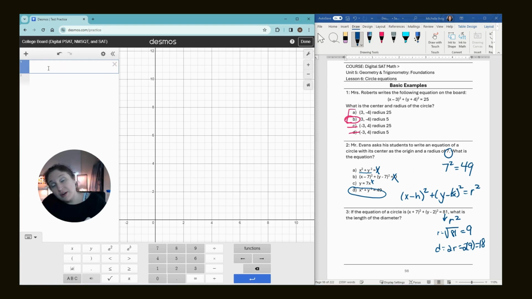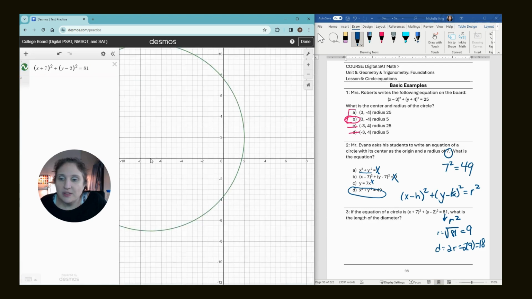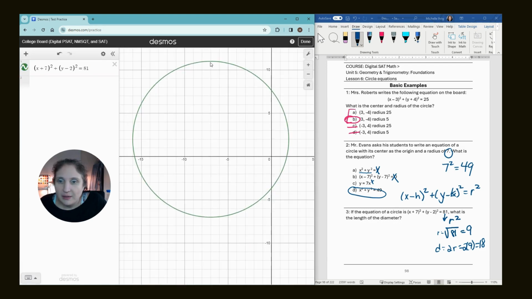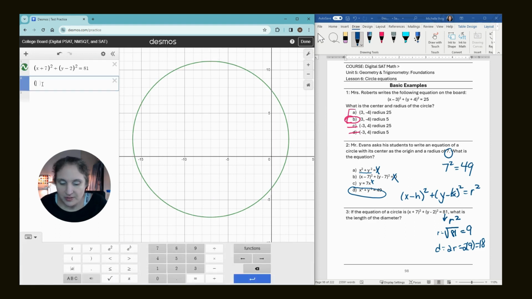But if you need to use a graphing calculator, we can do that too. (x + 7) squared plus (y - 2) squared equals 81. And so how I would do this problem is I would click up here and see that this point is (-7, 11). So I'm just going to label it (-7, 11).